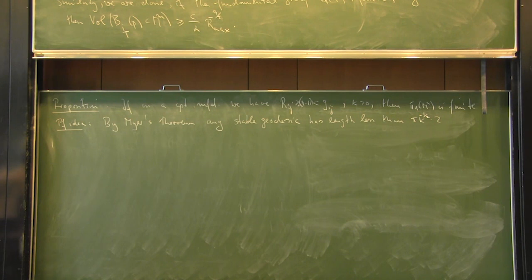And so a closed stable geodesic has a uniform upper bound on its length.